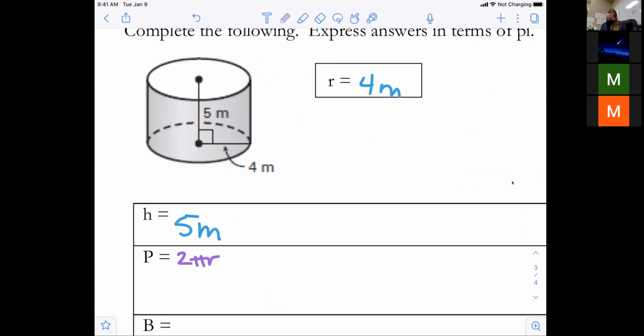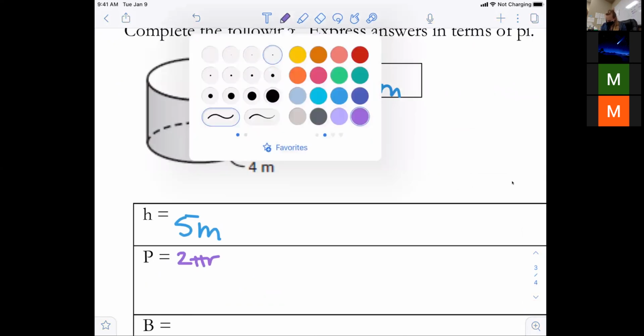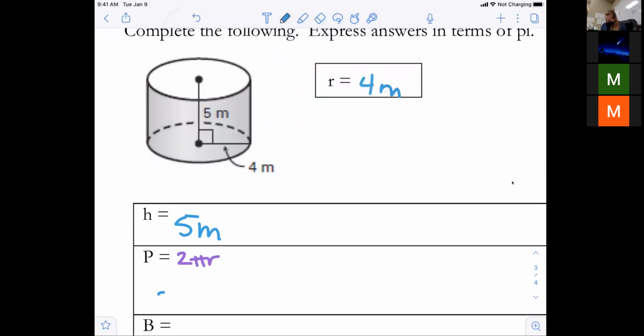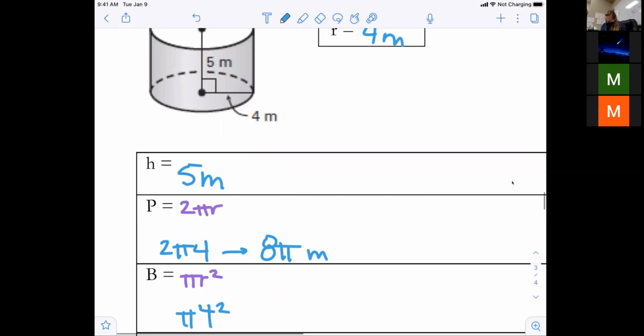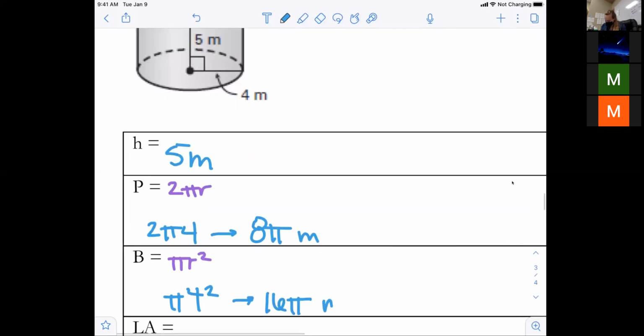In this case, that is 2 pi 4, which is 8 pi meters. The next one, big B, is the area of my base, which is pi r squared. Pi r squared is going to be pi 4 squared, which is 16 pi. And since it's area, it's meters squared.